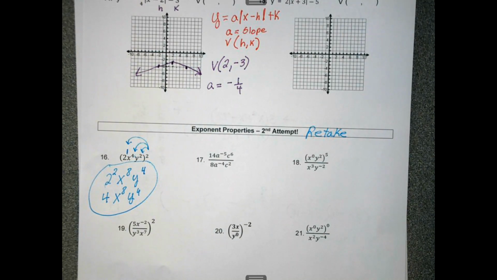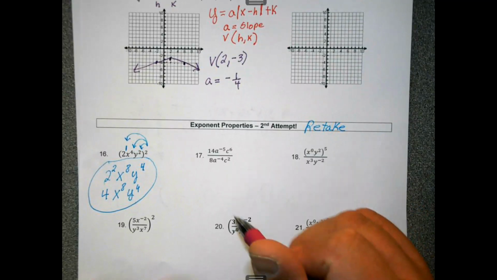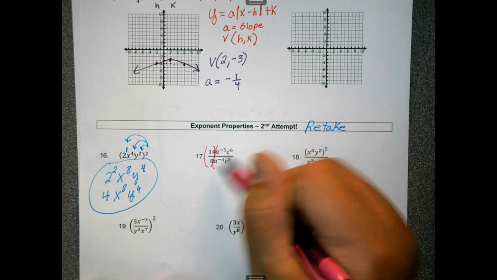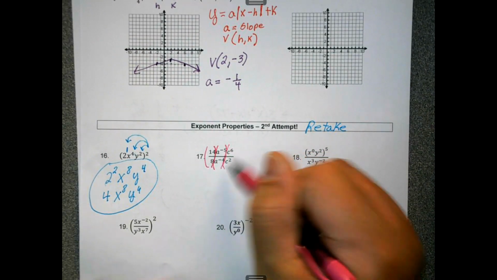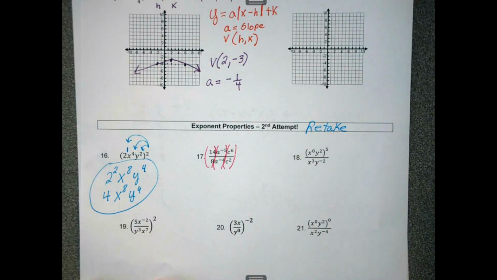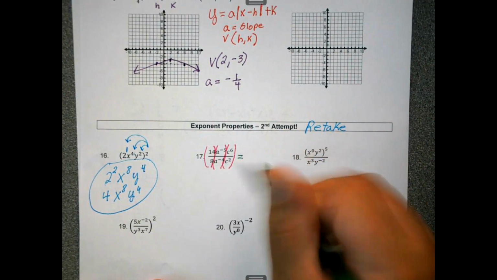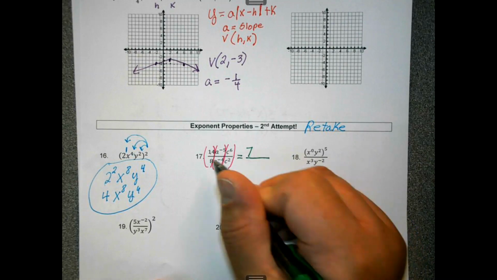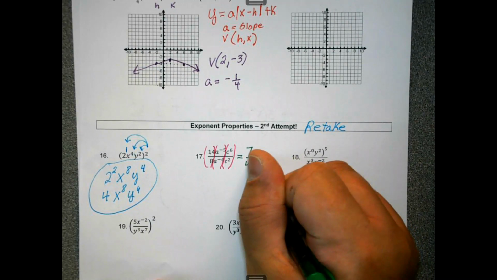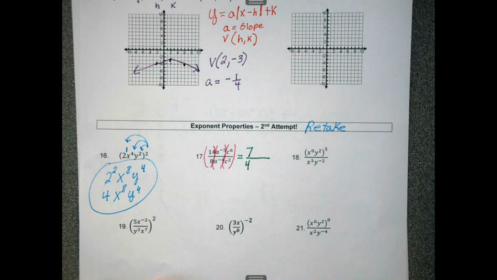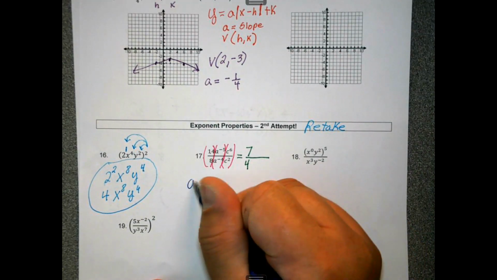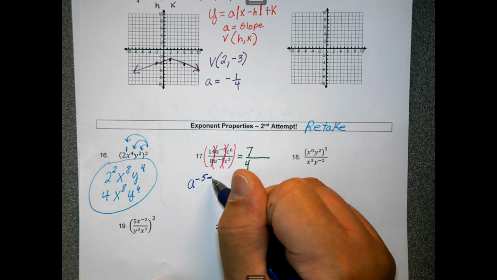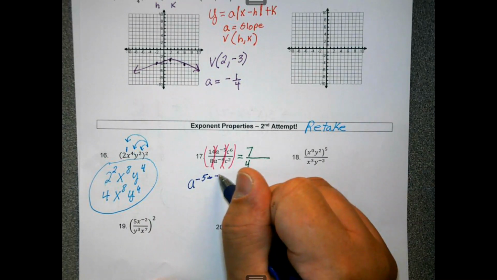17, I have a fraction. So I'm going to think of these as almost like individual fractions here. Okay. My 14/8 simplifies to, well, 2 divides into 14 7 times, 2 divides into 8 4 times. Let's look at the a's. I have a to the -5. Since we're dividing, we have to subtract our exponent, so minus -4.